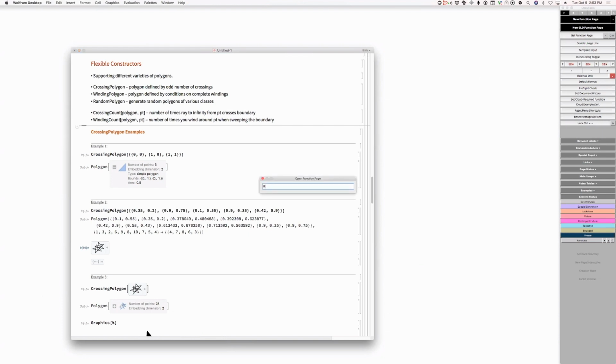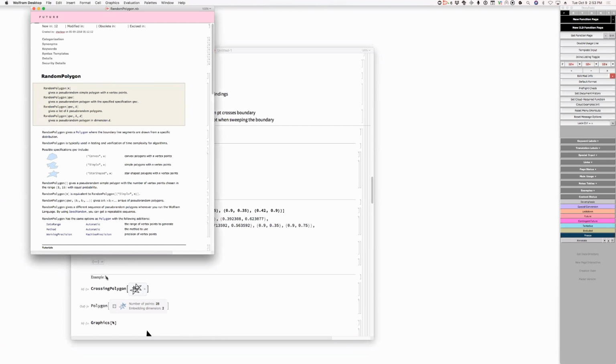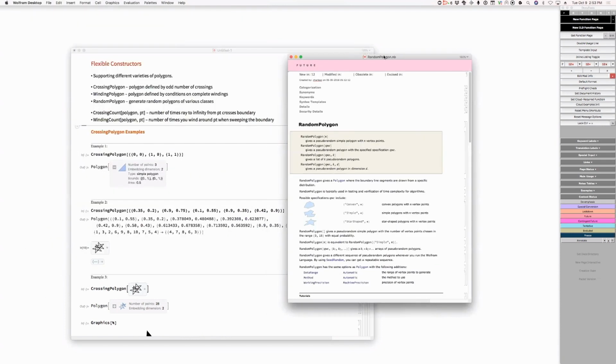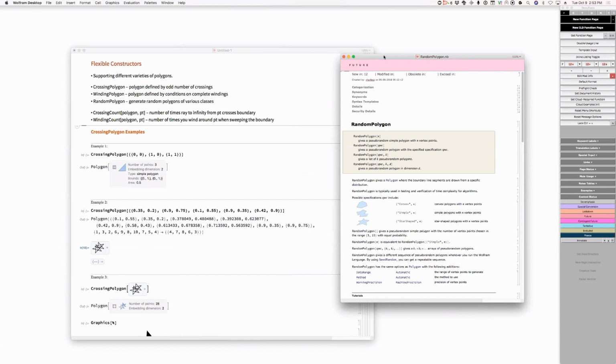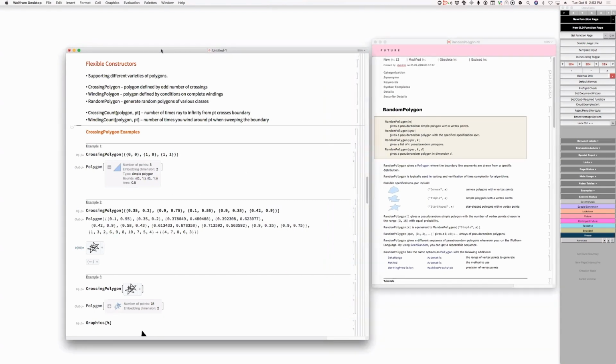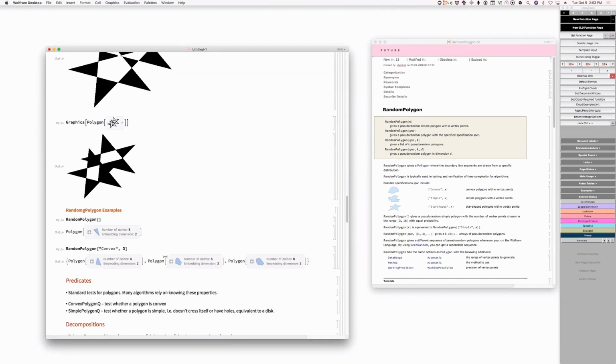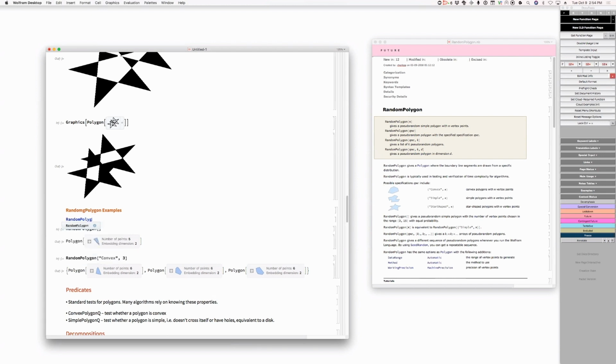I think the most interesting, and you should look at those pages when you want, but random polygon is really useful. These are classes, and we can add more in the future. These are important classes. Convex and star-shaped, also known as star-convex. And simple. A simple random polygon with no arguments does something useful. Well, that was just something we added for our own testing.